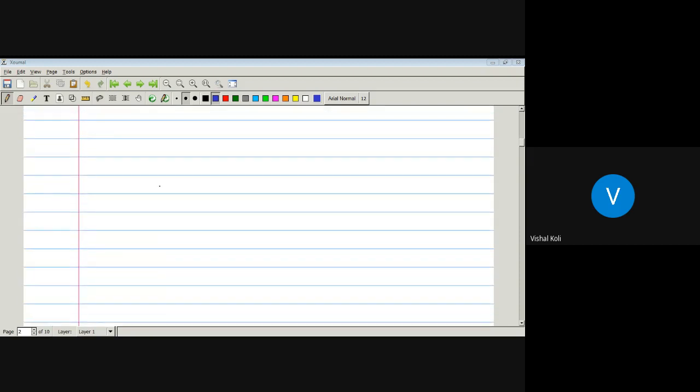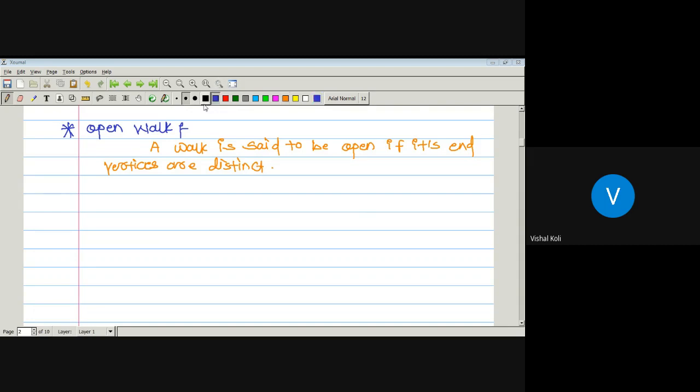Okay. Next one is the open walk. See the definition first. A walk is said to be open if its end vertices are distinct. Similarly, what is a closed walk?